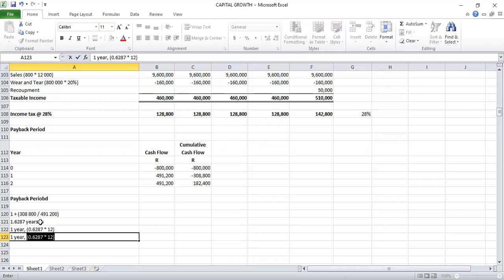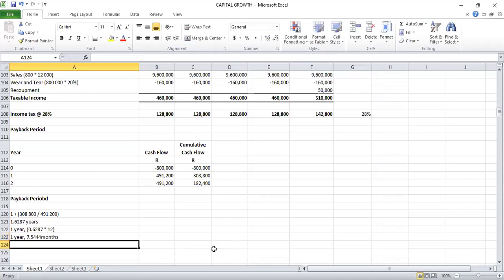If you say 0.6287 times 12, what do you get? 7.5444 months.